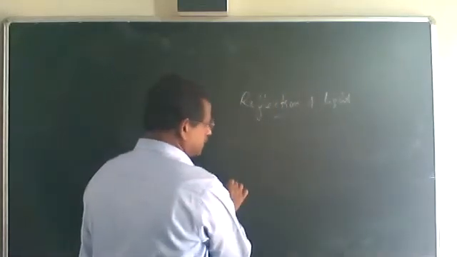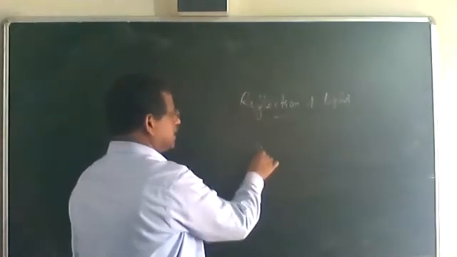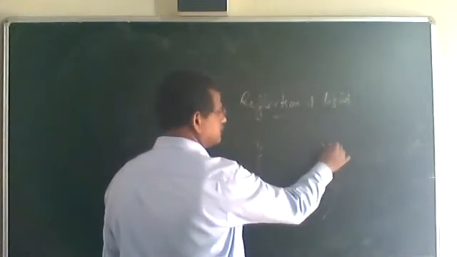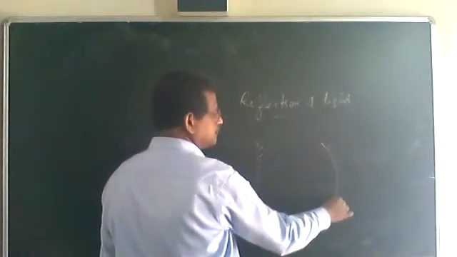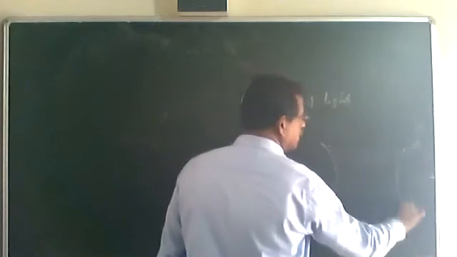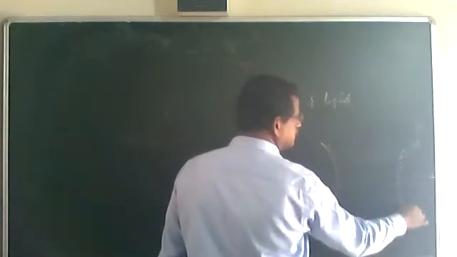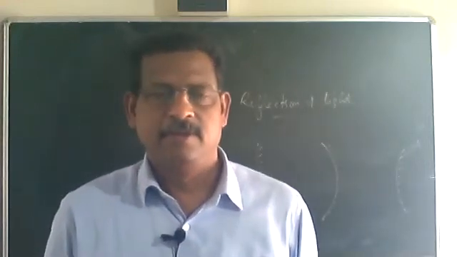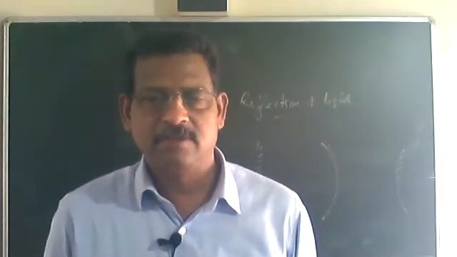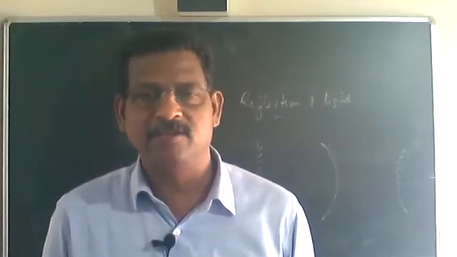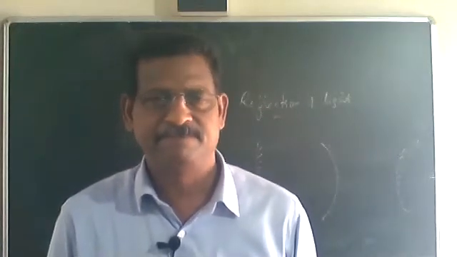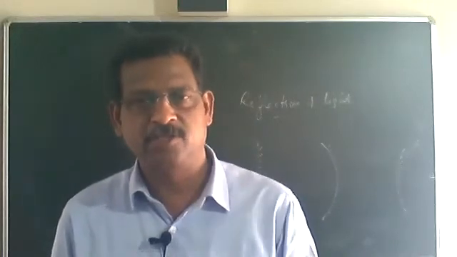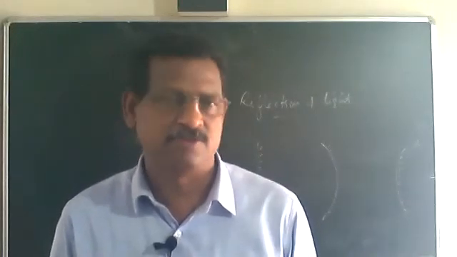First is a plane mirror, one side is polished highly, and this is your concave mirror, and this is your convex mirror. One surface is completely polished. So reflection means change in the path of light into the same medium. It comes back into the same medium, it is not going into the second medium, not at all. Changes in the path in the same medium by obeying some laws.